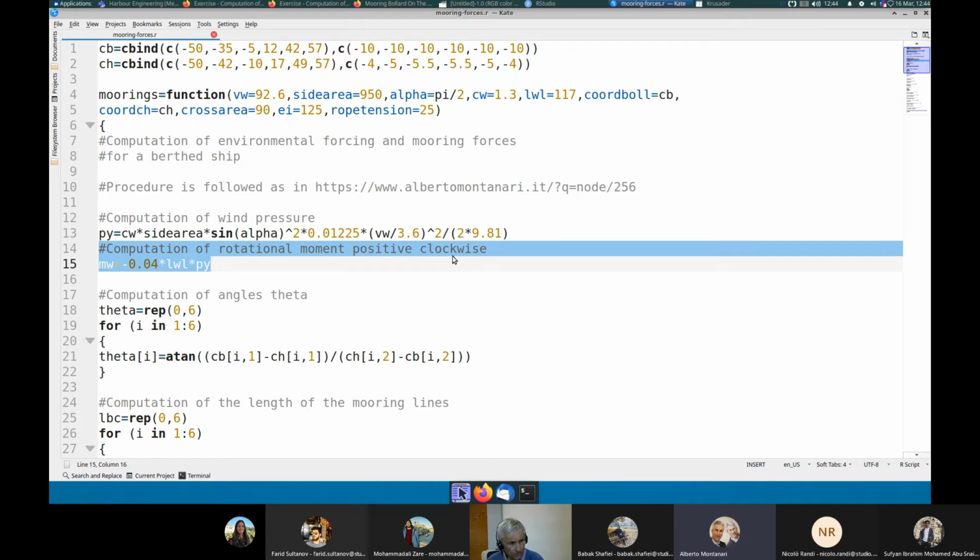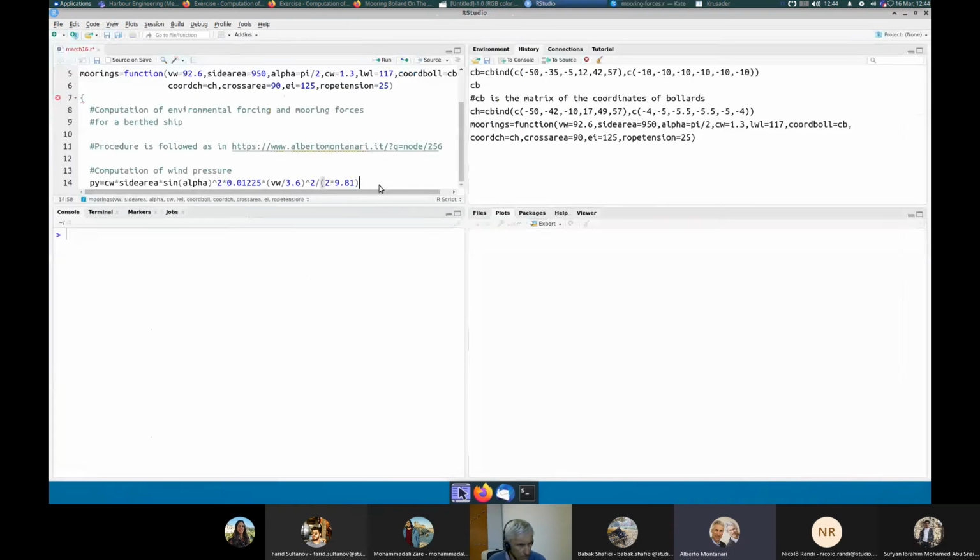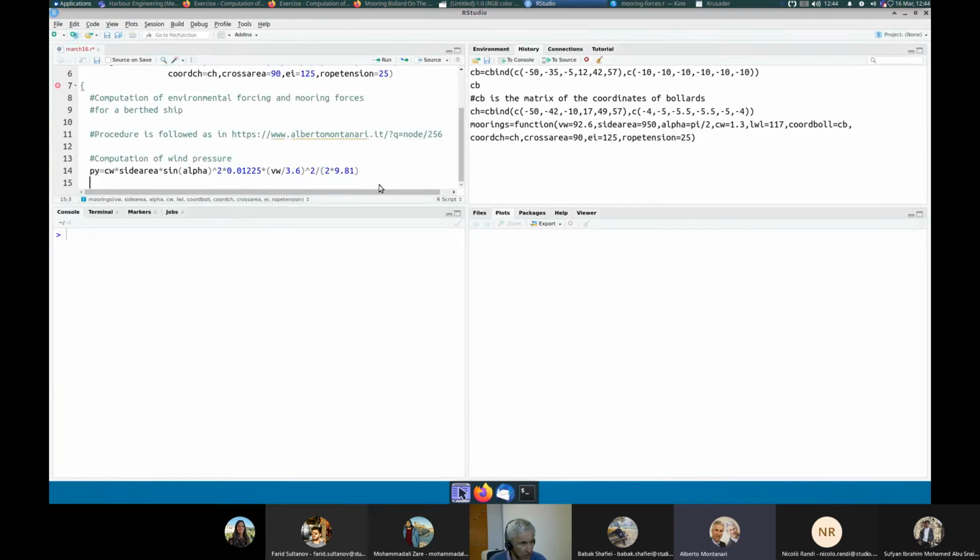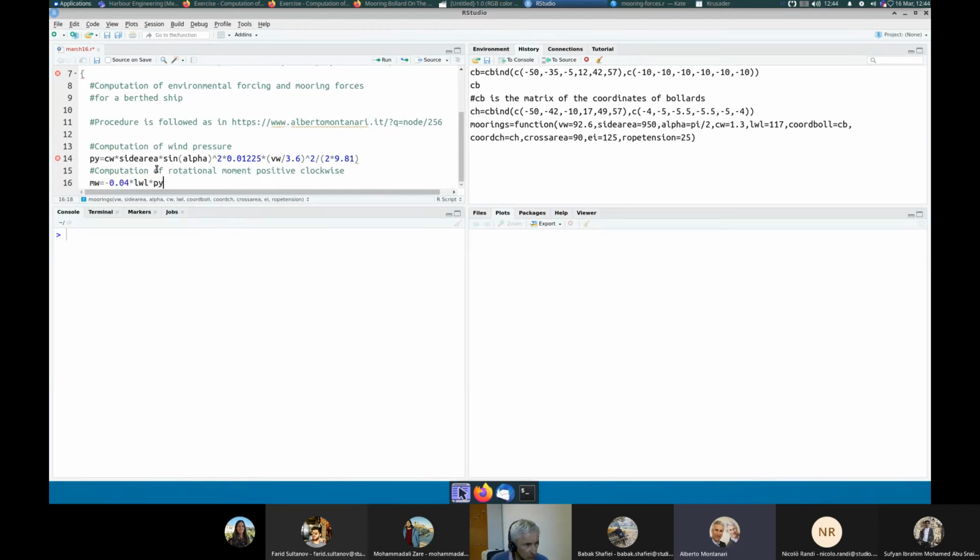Copy. And let's go here, paste. So I would change here not wind pressure, but wind forcing. Because a pressure, when it's multiplied by an area, becomes a forcing, and we have to be very precise with the terminology. I will also change the code in my website.